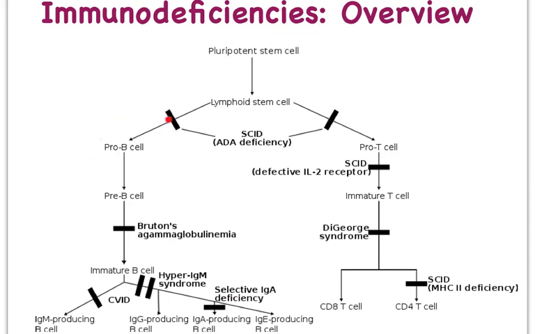On this side, we see the B cell immunodeficiencies, while on this side, we see more of the T cell immunodeficiencies. On the T cell side, we looked at DiGeorge syndrome. On the B cell side, we looked particularly at IgA deficiency.